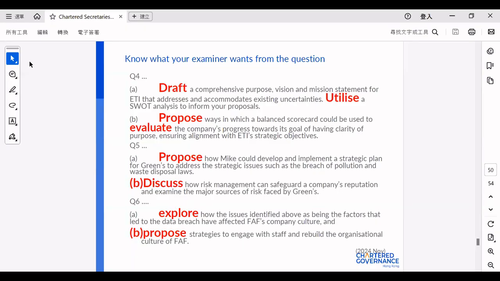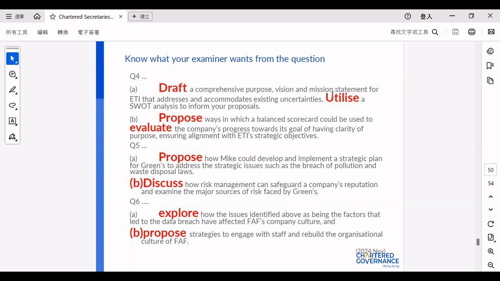So again, this is the other way around of asking you to give a recommendation or justify a recommendation. And here they ask you to use this SWOT analysis to justify your proposal.